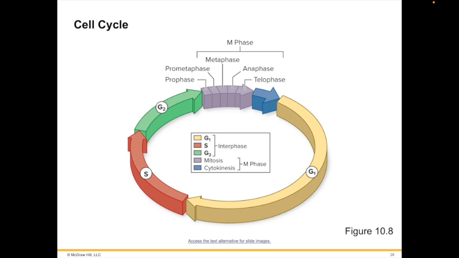We have G1, or gap phase 1, shown there in yellow. We have S for synthesis, shown there in red. We have G2, or gap phase 2, shown in green. These G1, S, and G2 are what make up interphase.